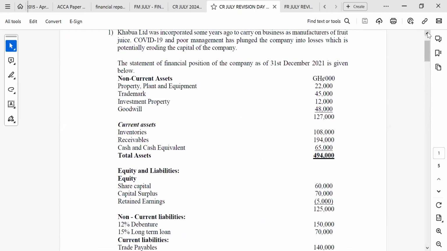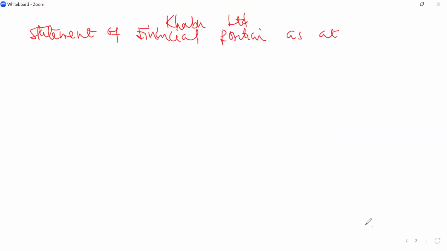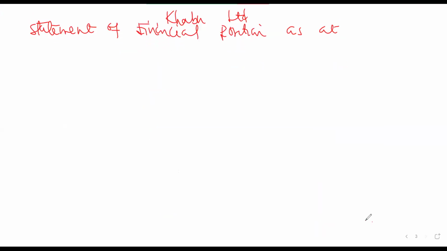So you can name it 1st January, the immediate next day. Nobody's going to lash you. You can also say statement of financial position immediately after the reconstruction without any date. That is no problem. But you can also use as at 1st January 2022. There's no problem with that.